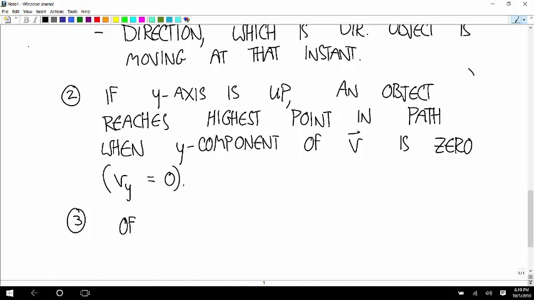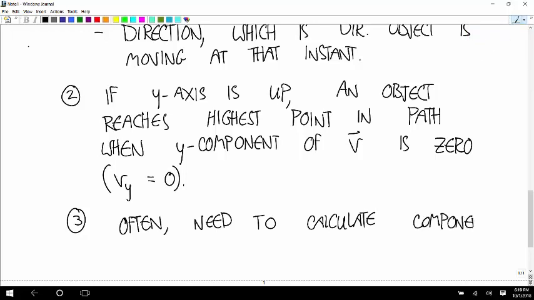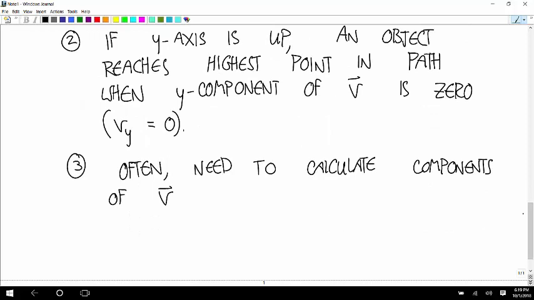So often we're going to need to calculate the components of the velocity vector from the object's speed and its angle.